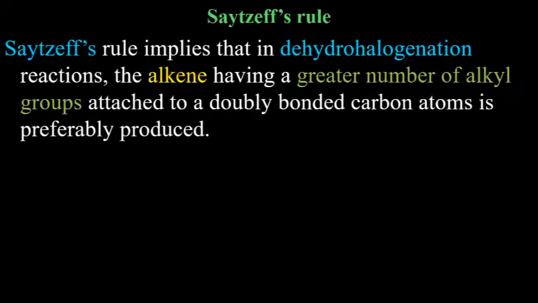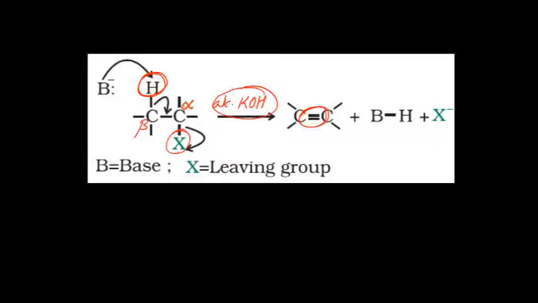What is this rule? This rule says that in dehydrohalogenation, it is actually dehydrohalogenation because hydrogen and halogen, these two go away.